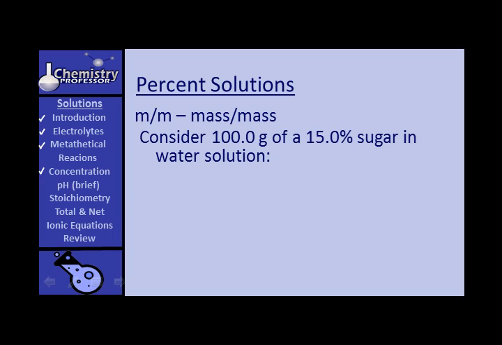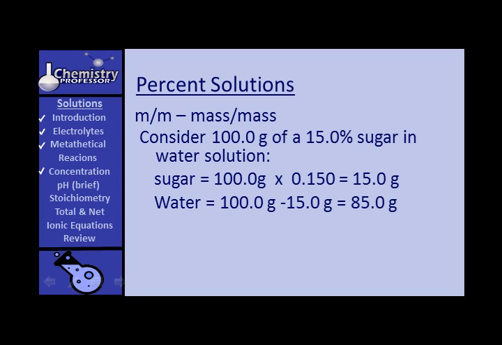Well, if it's a 15% sugar solution and the solution weighs 100 grams, then we take 15% of 100 grams and we say, okay, we've got 15 grams of sugar and we have also 85 grams of water. So we put 15 grams of sugar in 85 grams of water, stir it up. This gives us a 15% sugar solution because the whole thing weighs 100 grams.